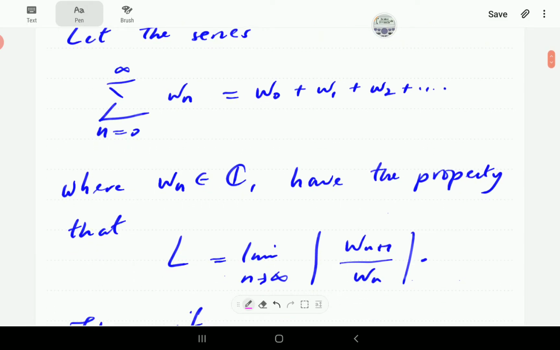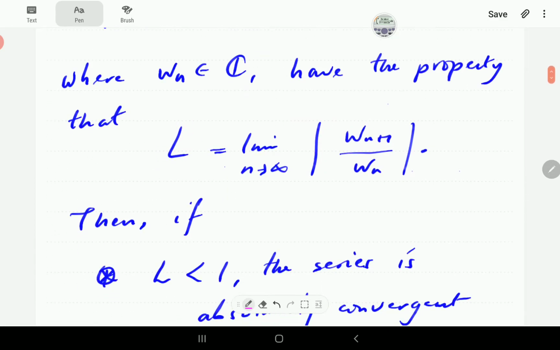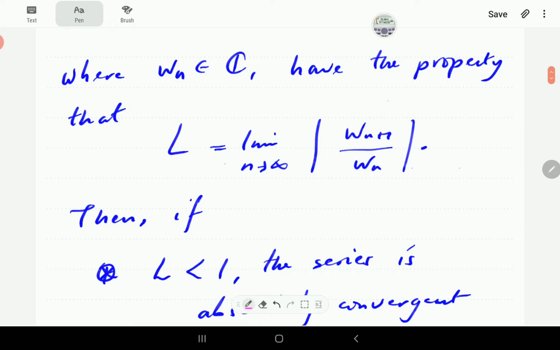So we imagine that this series has the property that the limit of the magnitude of the ratio of Wn+1 over Wn as n goes to infinity is well defined, and it's equal to some number L.